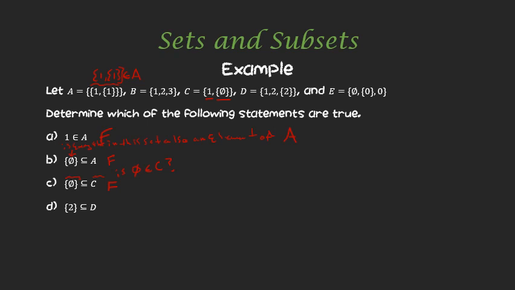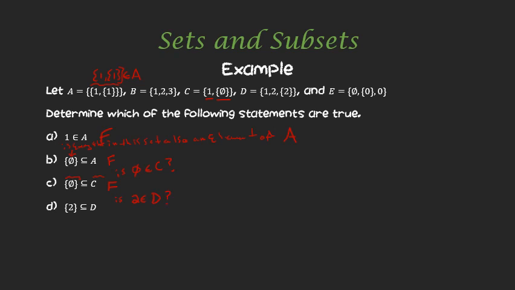Part D: the set containing 2 is a subset or equal to D. So again we ask ourselves, is every element of the left set also an element of the right set? On the left we have this set containing 2, so the only element there is 2, so we ask ourselves, is 2 an element of D or not?